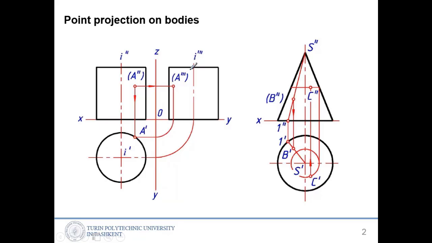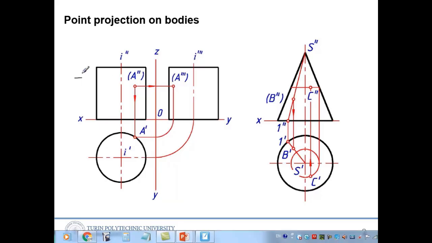Also in the left hand side view, if you see from the left, you will see this, and A is hidden by the sides of the cylinder, so that's why it has a bracket. Normally we use a small character a, here A2 dash, and here A1 dash, here A2 dash.